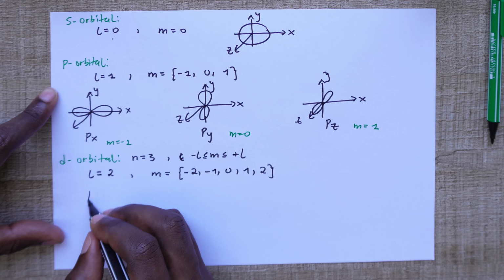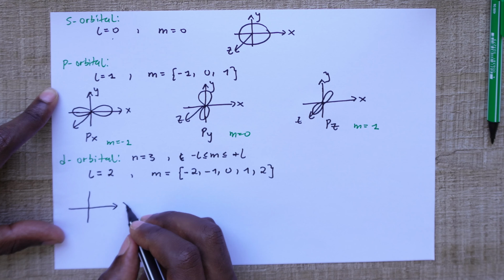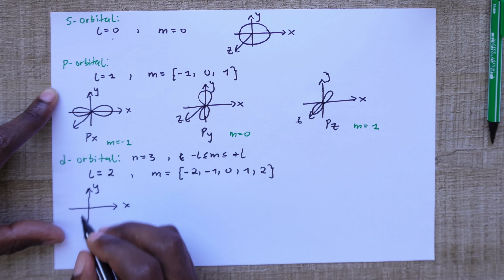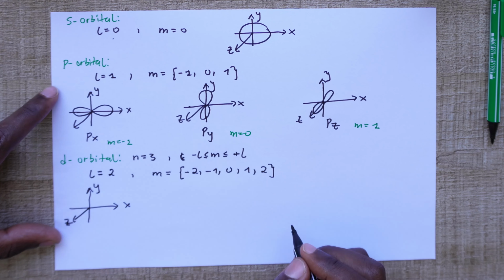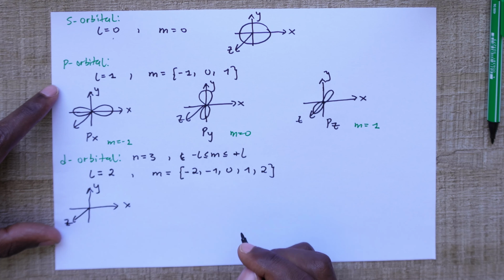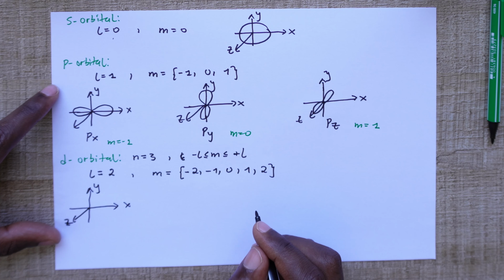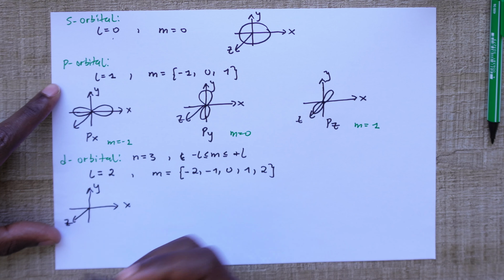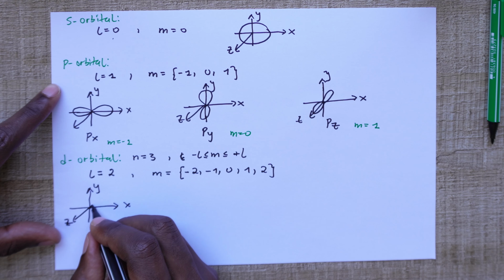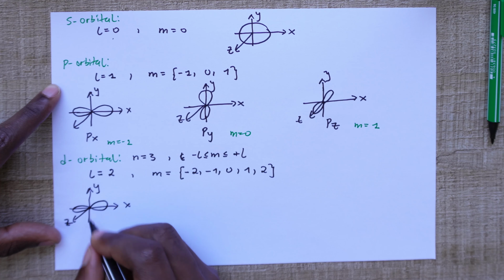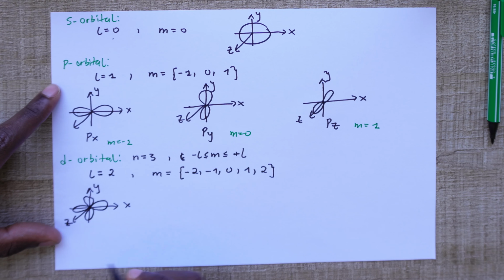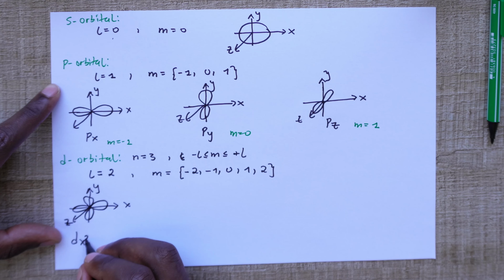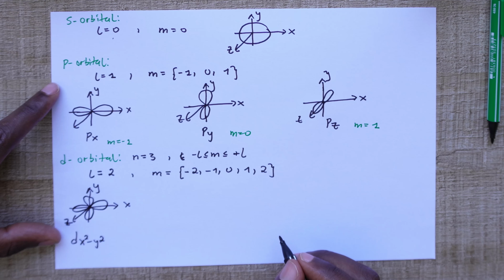So if we want to sketch them, let's say here we have x, y, and z. Recall that, as I mentioned earlier, the d orbitals are shaped like clovers, so they are just like flowers. If the leaves are along the x and the y axis, then in this case we have the dx2-y2 d orbital.